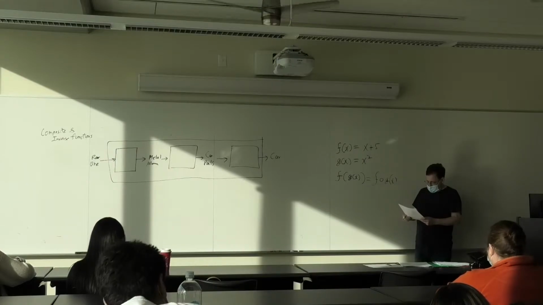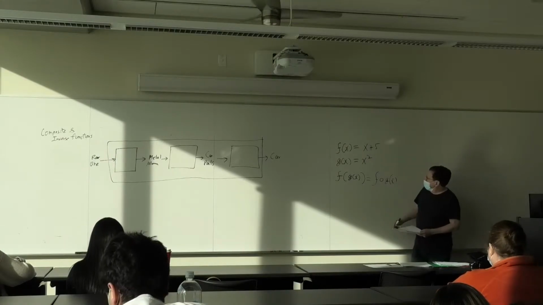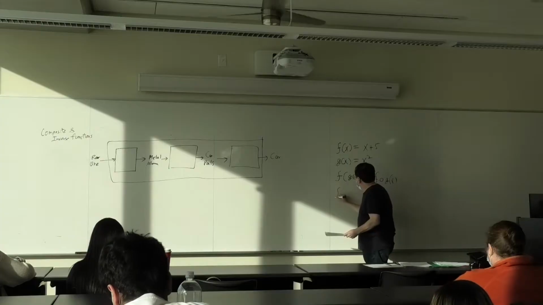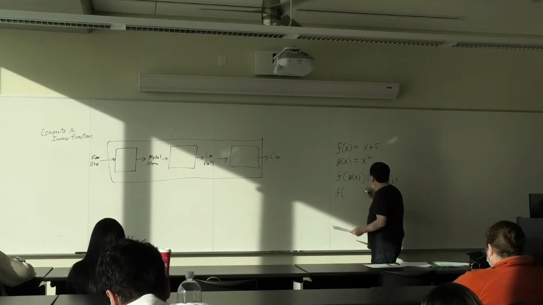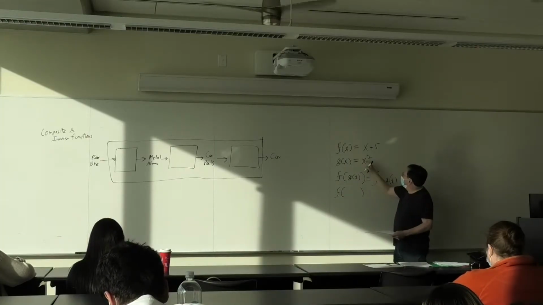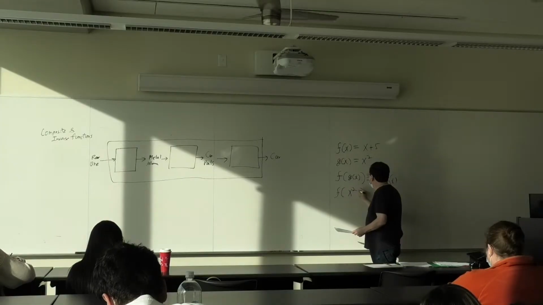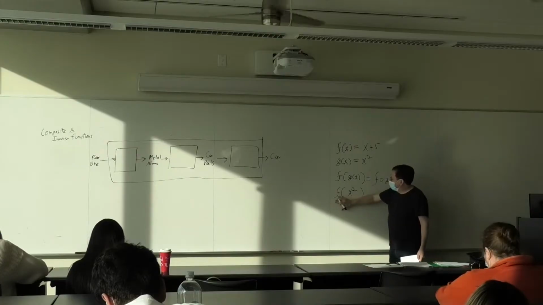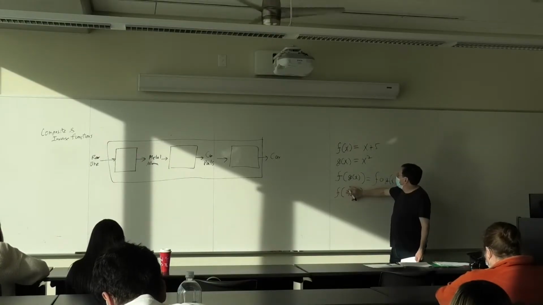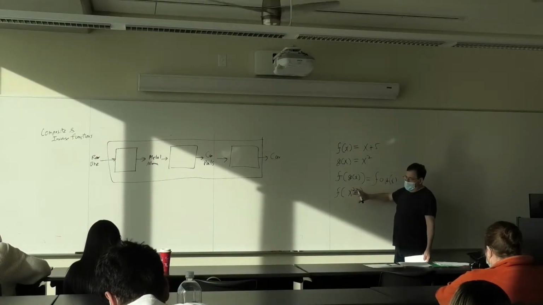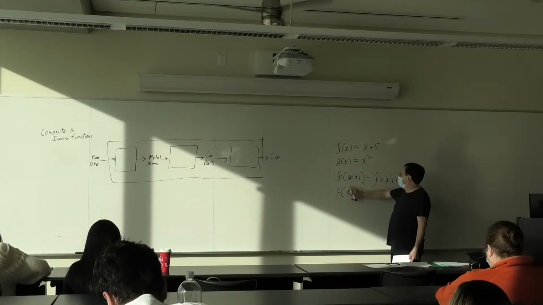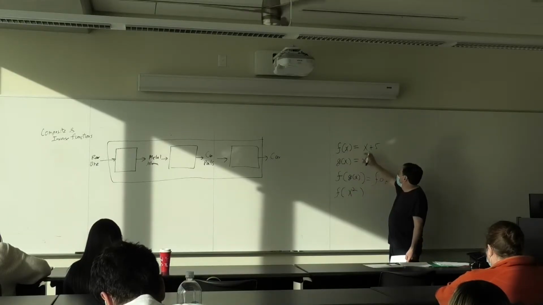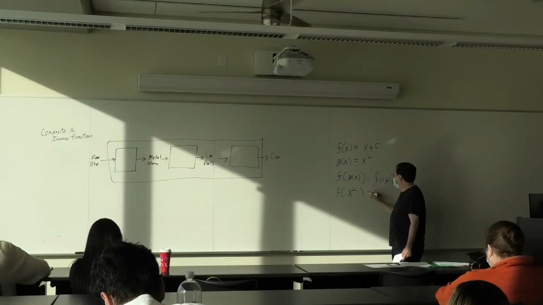Now, what does this do? Well, let's insert what g is. That's x squared. What does f do with what you give it? Forget that we're using the same letter x here. What does f do with what you give it? It adds 5.